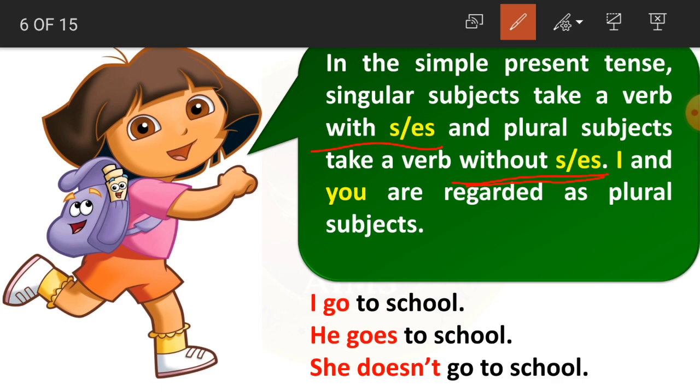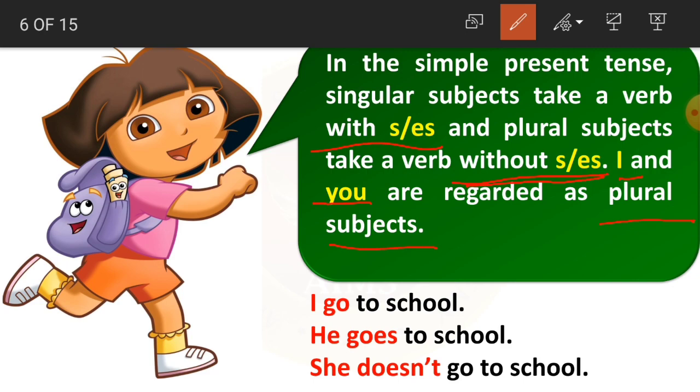And I already said to you that I and you, these two are regarded as plural subjects. I and you have to consider them always as plural subjects. Clear, children?